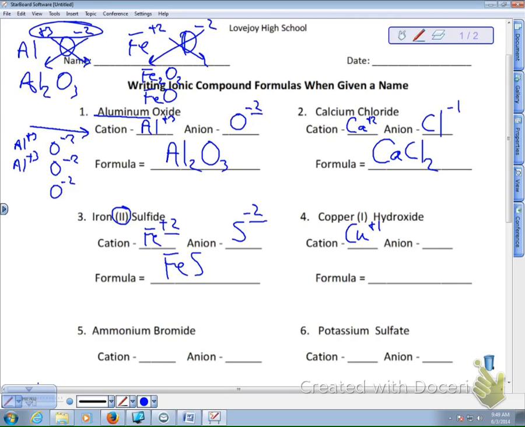If you need to find your polyatomic ion list, hit pause and pull it out. Hopefully from your memory you know that hydroxide is OH with a -1 charge. So again, we have 2 ions of opposite charge, so the formula is going to be CuOH.